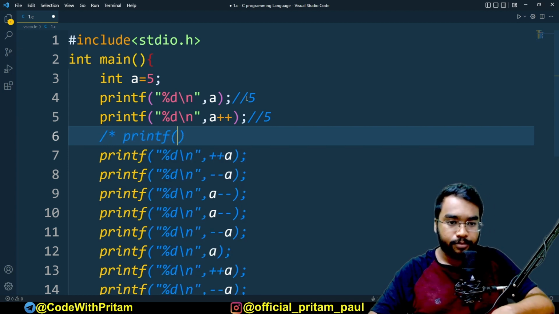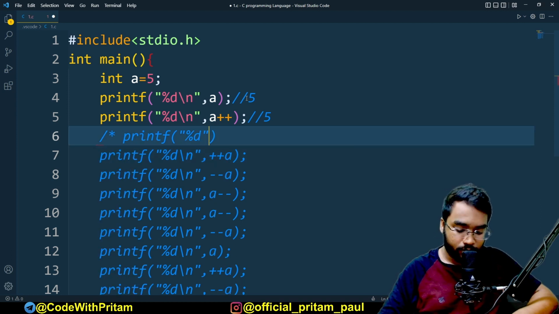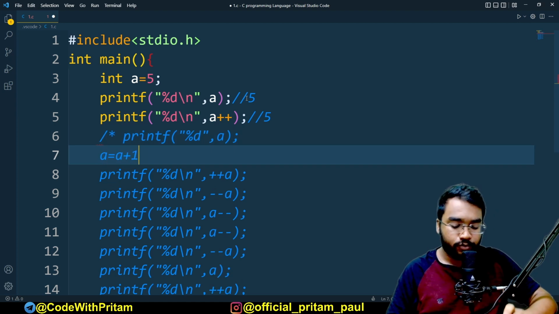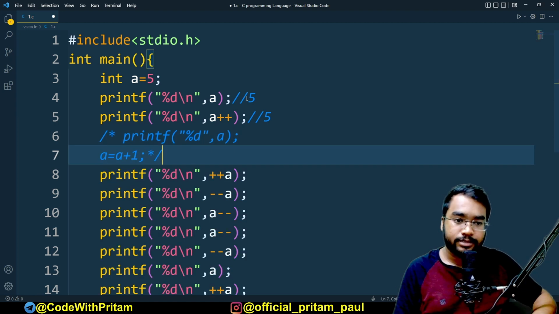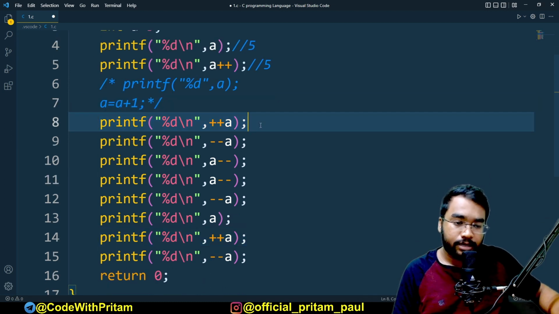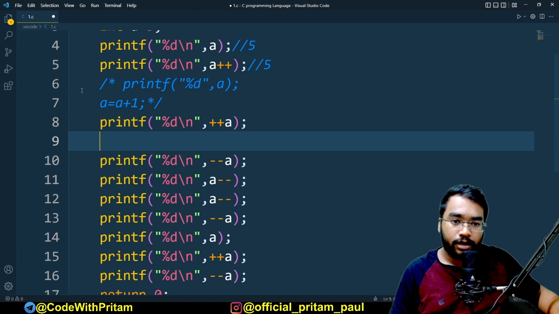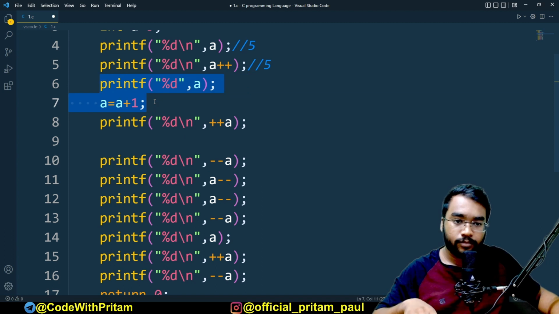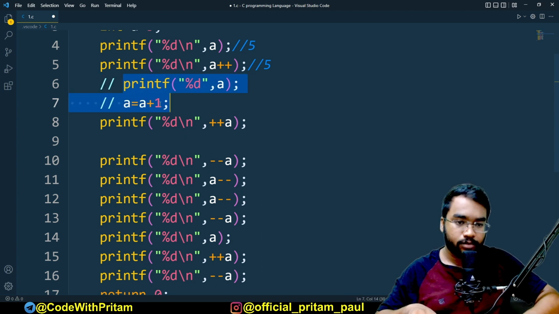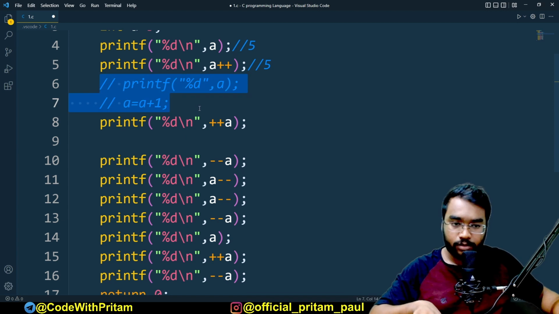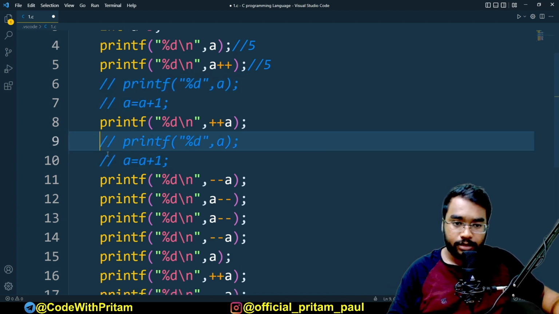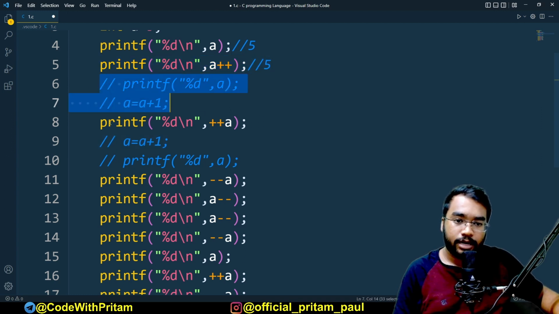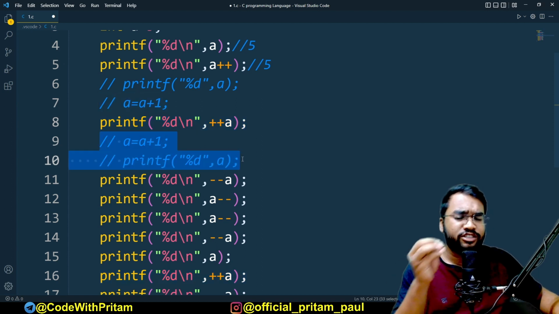I can say printf %d comma a, and then a equal to a plus 1. And as it is a plus plus, I can say the opposite for the other one. So these two lines mean this, and these two lines mean that. It's very easy to remember.